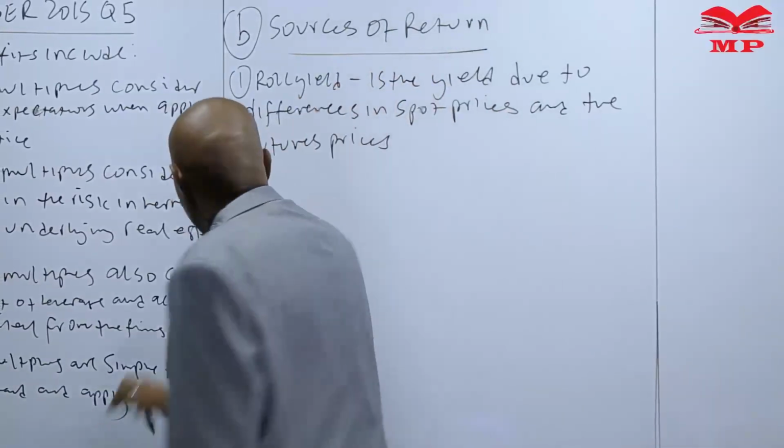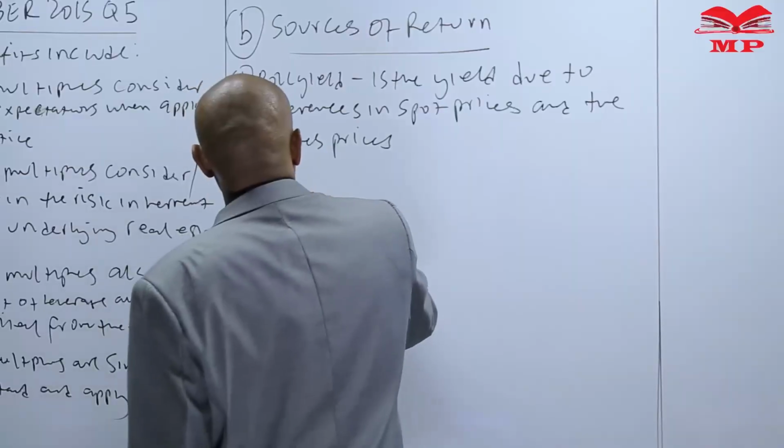The second source of return, number 2, is collateral yield.